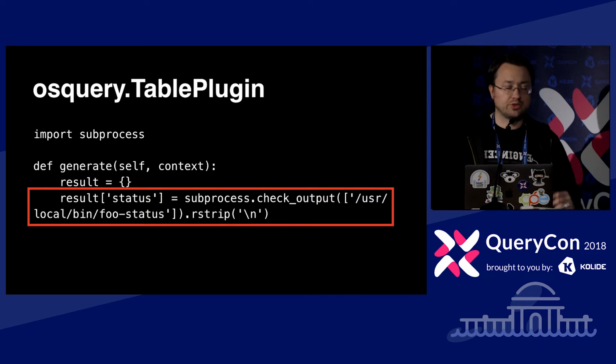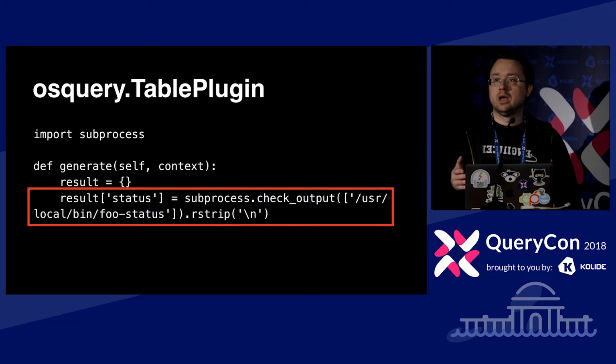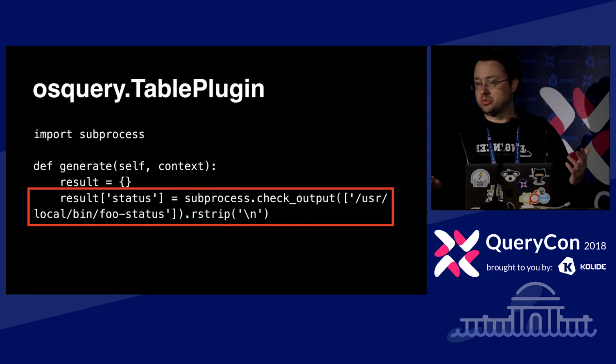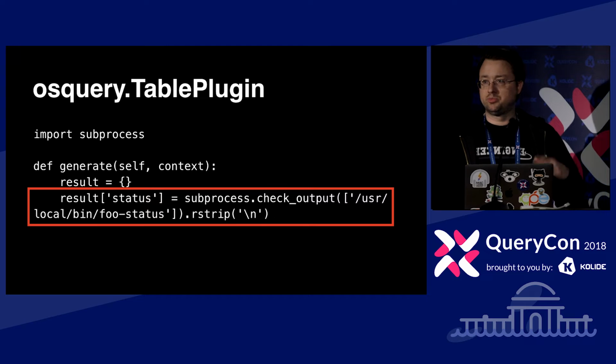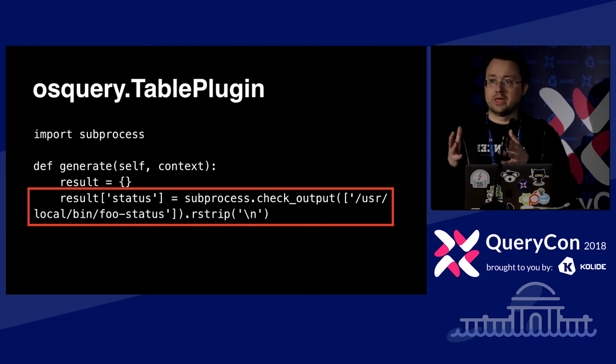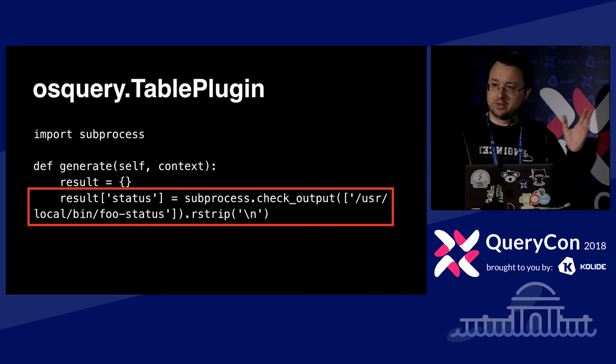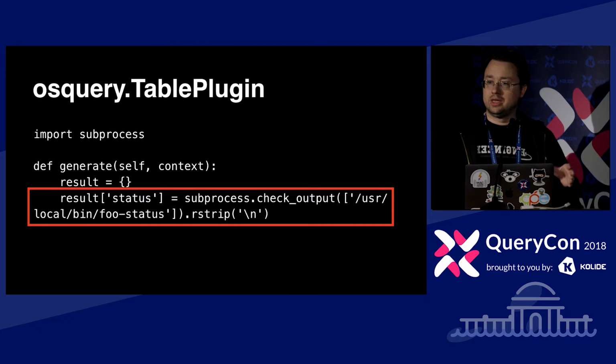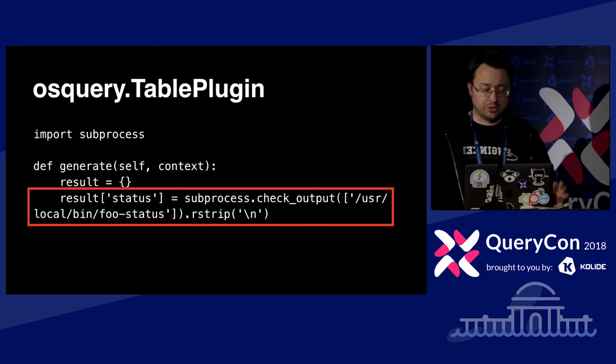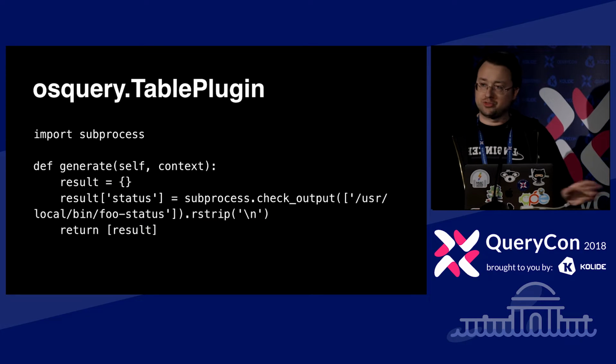In this particular example, that includes a newline. If you want the newlines in your table results, cool, by all means leave it in, but be aware that when you're writing extensions like this, the output that you define as the key value is fully represented, including newlines. So if you don't want them, take them out. And then just return the result.